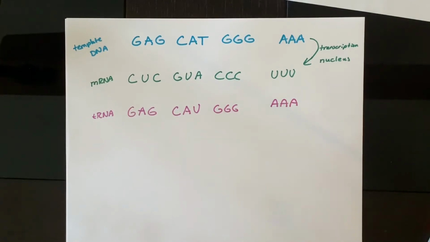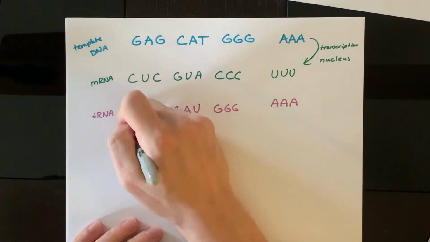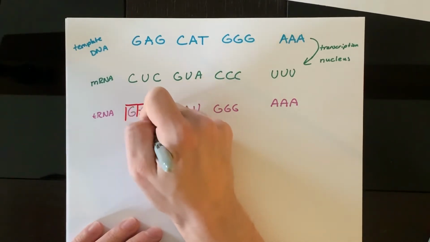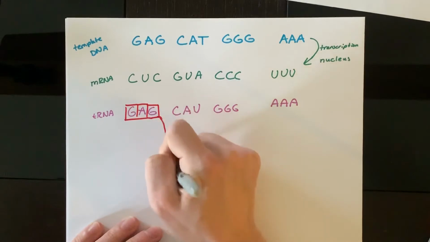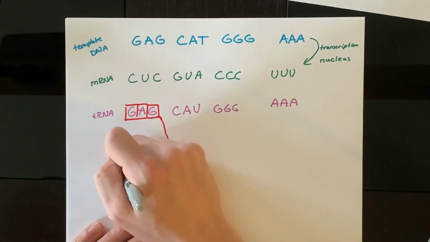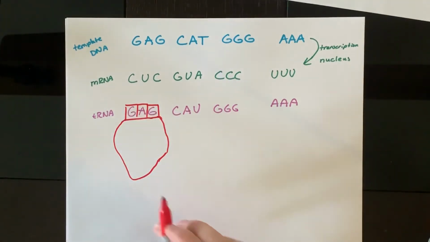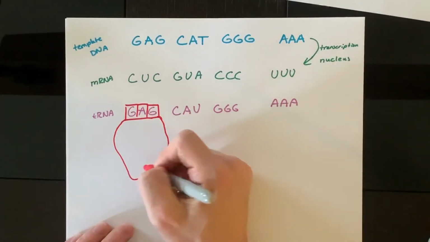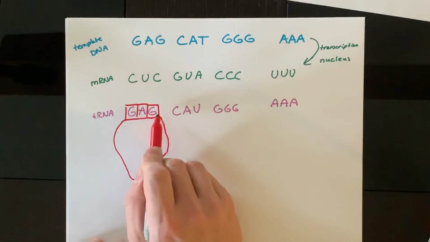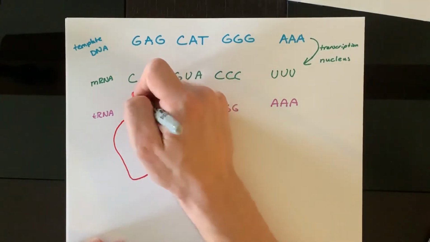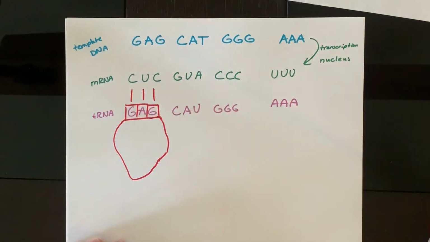Okay. And here's the goal of this tRNA. If we were to draw a picture of this, okay. We're going to have a bunch of different nucleotides in here too, but the tRNA is going to have three main ones, and those three main ones are literally going to bind to the mRNA.